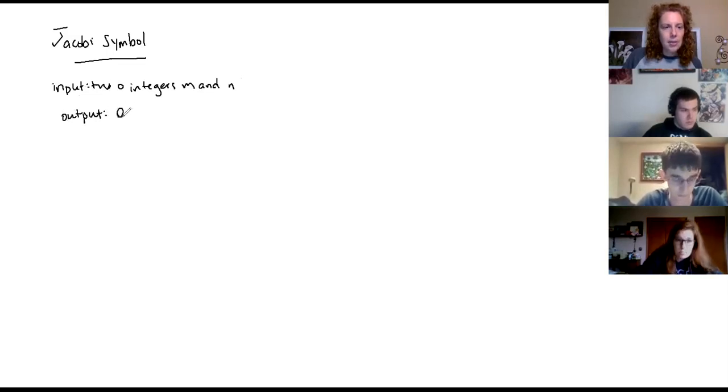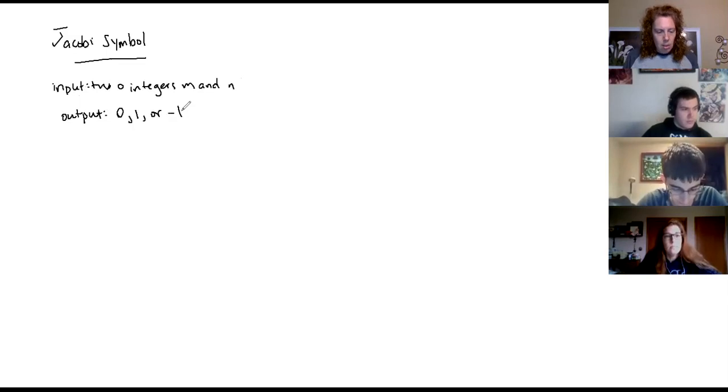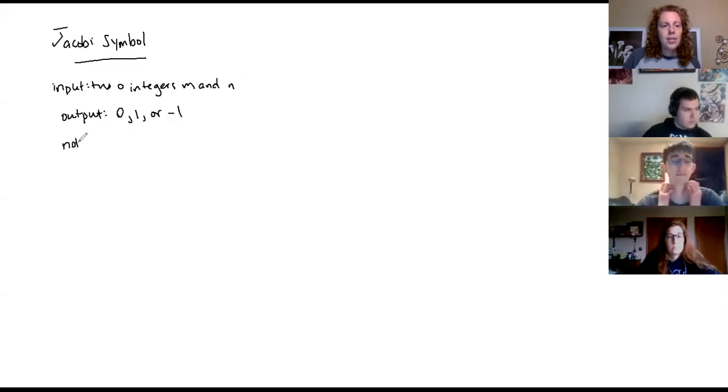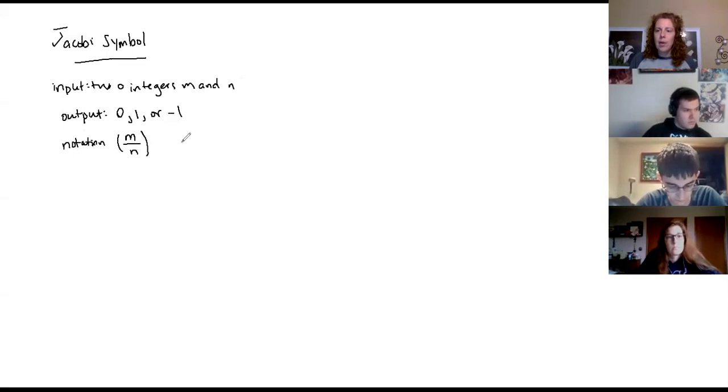My input is 2 integers, M and N. My output is 0, 1, or -1. The notation for this is M divided by N, except that's not really division, and we're going to put it in parentheses. That's my notation for the Jacobi symbol. You just read that as the Jacobi symbol of M and N.